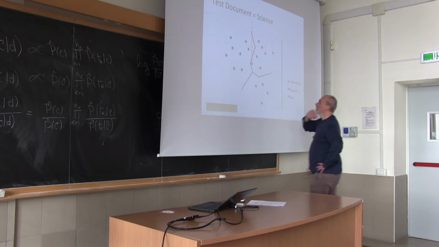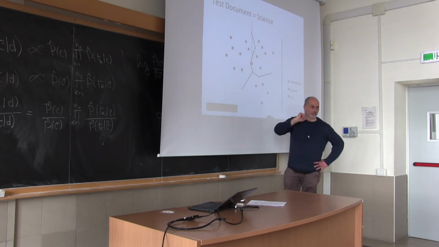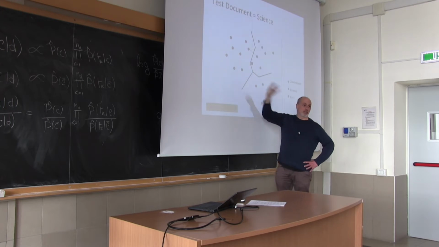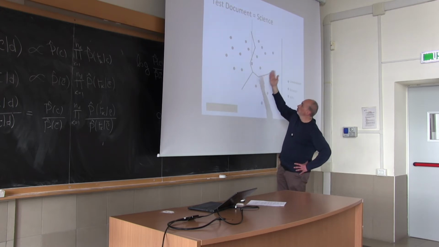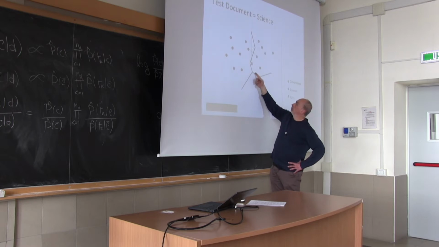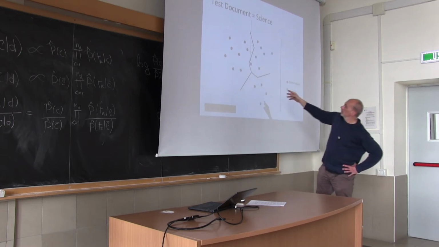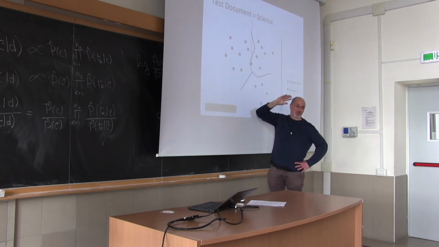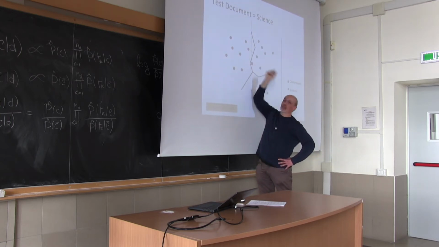Let's say that I pick one neighbor. It means the following. I just look up what is my nearest neighbor. Let's say it is this point. Then I would say, okay, what is the class of this point?